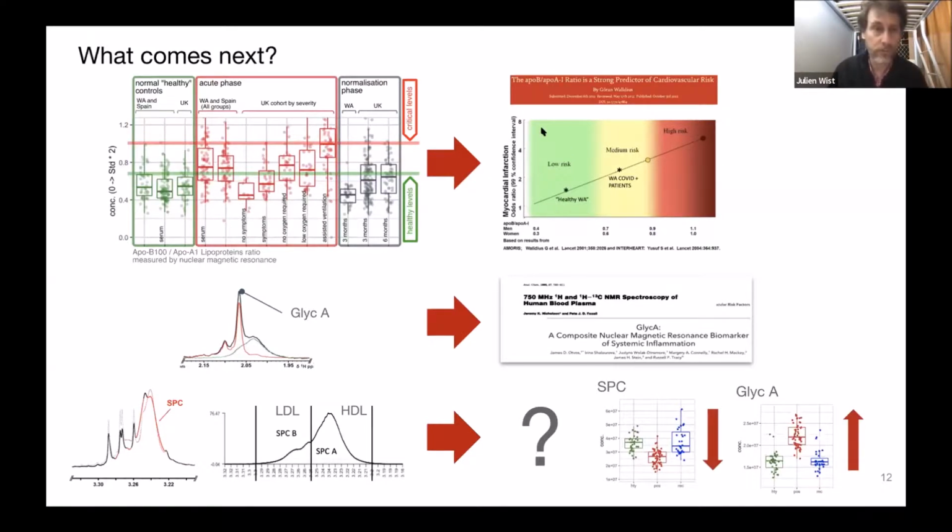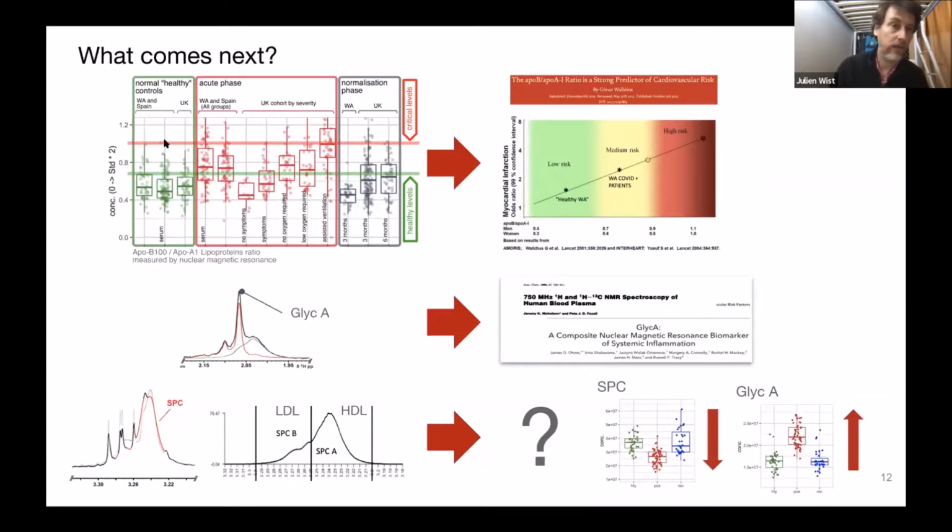to cardiovascular risk. By compiling different cohorts, in that case from Spain, from Cambridge and from Western Australia, we can see how those data first align very well together. We can see in green the normal cohort, and the two bars highlighting the levels that are considered healthy and critical.